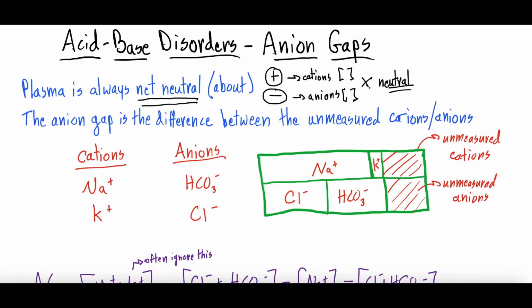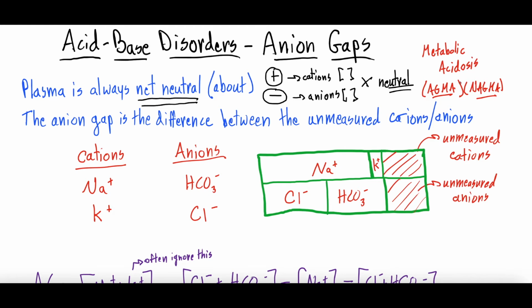Well, this can be helpful when we talk about acid-base disorders, particularly when we're talking about metabolic acidosis. Anytime you have a metabolic acidosis, you want to know, is this an anion gap metabolic acidosis, an AGMA, or a non-anion gap metabolic acidosis, or a NAGMA?